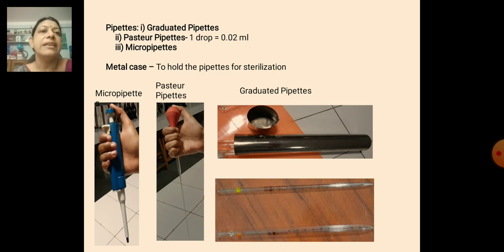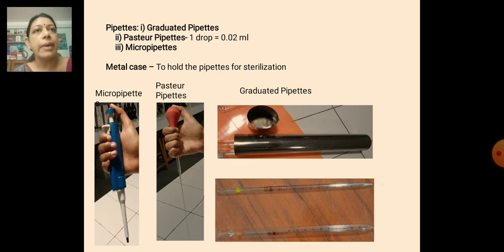The last one is the graduated pipette we use. Graduated pipette means there are graduations. What do we mean by graduations? Graduation means there are marks of various volumes on the pipette. On top you see a case, a metal case, and in this metal case the pipettes are kept.